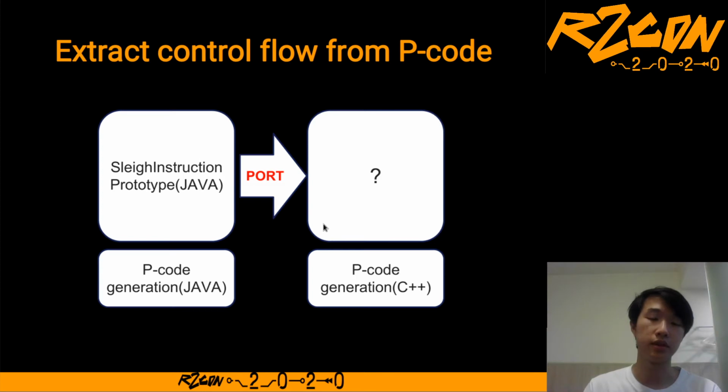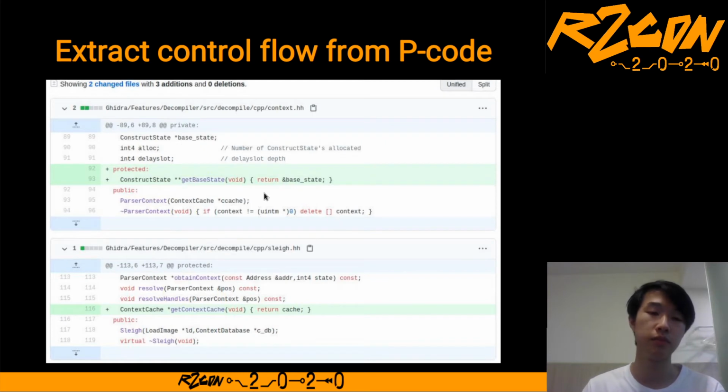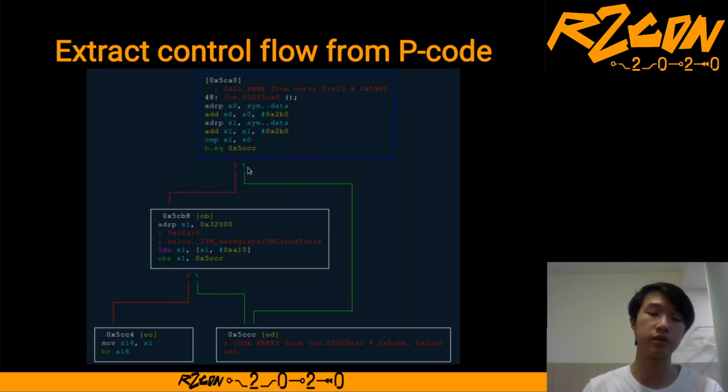And I'm proud to say that I managed to do it in just 2 lines of changes. I only need to export 2 private fields, and I can successfully port the SLEIGH instruction prototype and extract the control flow from the P-code. And here is the result. You can see that the control flow is properly drawn, meaning the control flow info is correctly extracted.